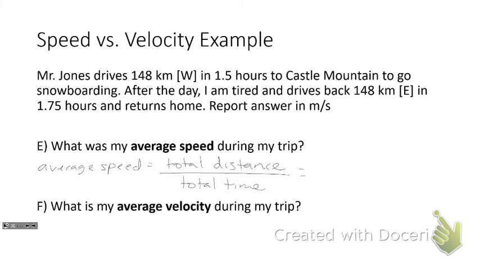So my distance, 148 kilometers on the way there, and 148 kilometers on the way back. So total distance is 296 kilometers divided by my total time, which is 1.5 hours there and 1.75 back. So my total time is 3.25 hours.